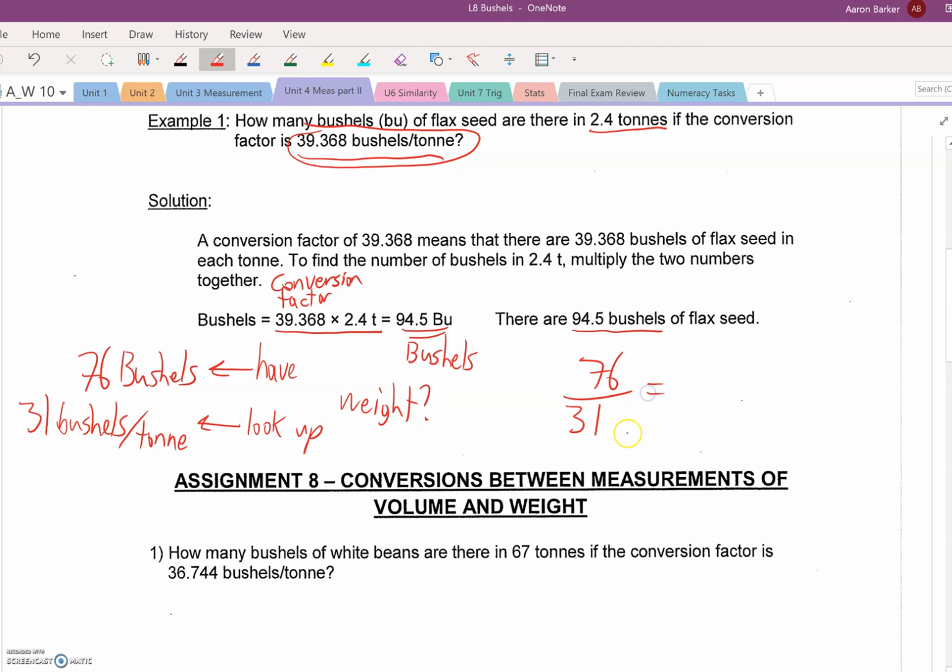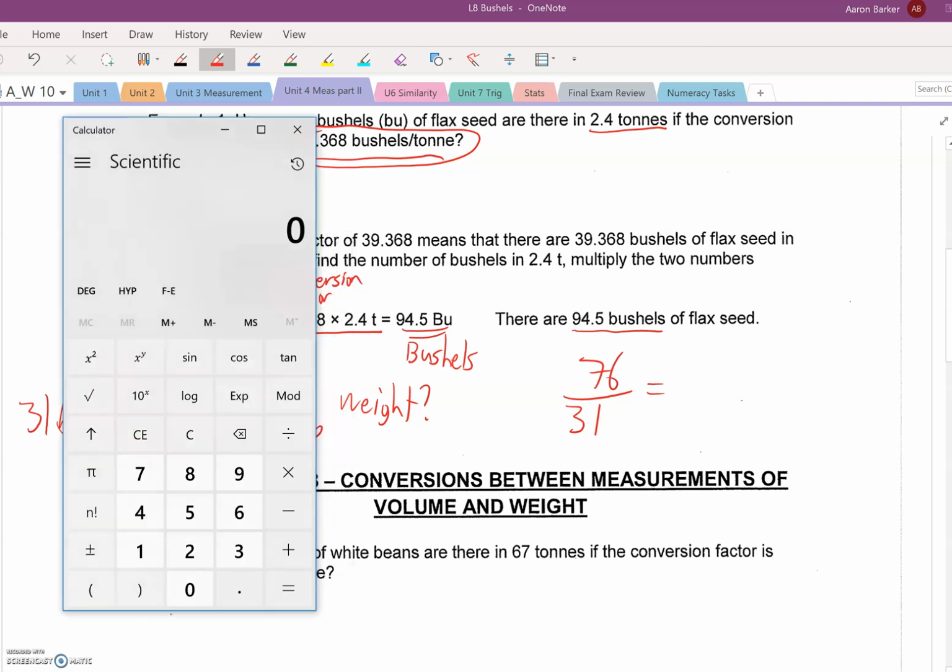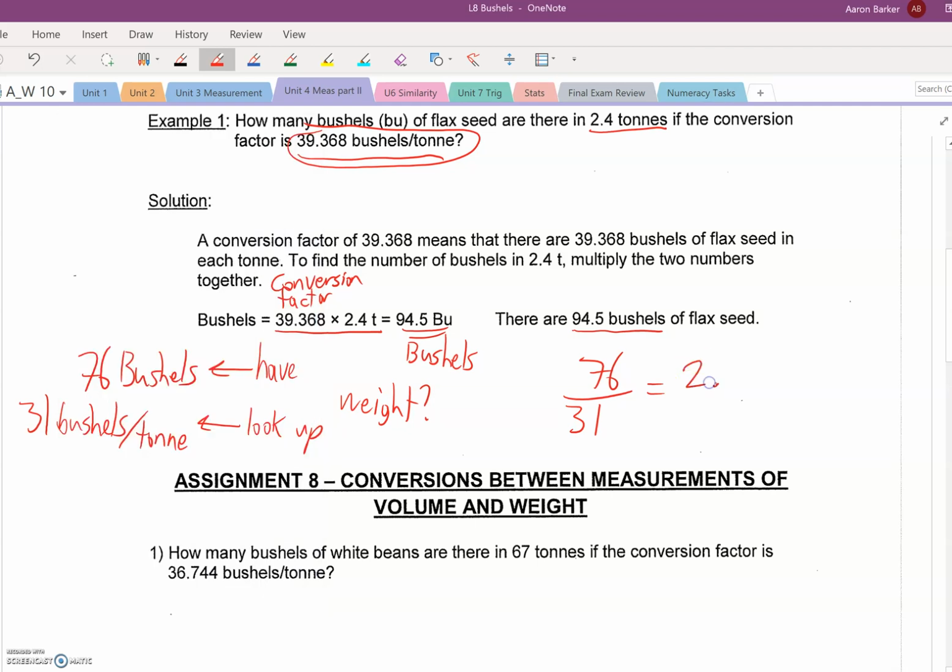You're doing the opposite of what we did above. 76 divided by 31 equals 2.45 tons. That's a little t. If it's a little t, remember, which conversion factor is that? That is ton. So 2.45 with the little t is tonnage.